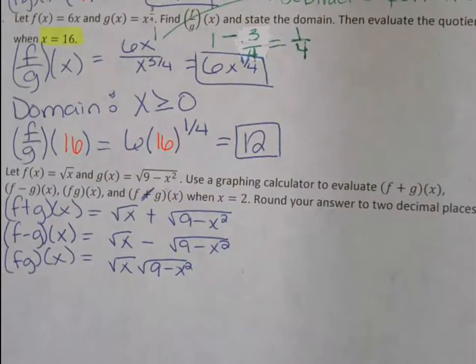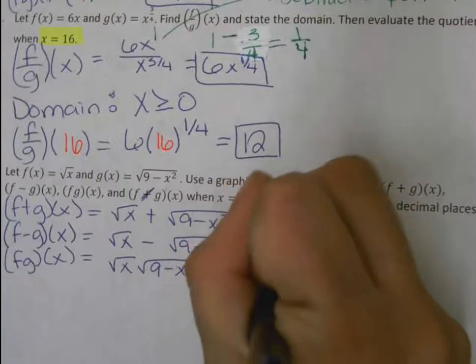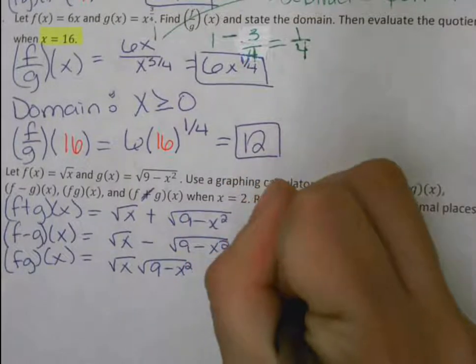When you multiply radicals, you can multiply the numbers on the inside. No, what I'm really doing is I'm doing x times 9 minus x squared.